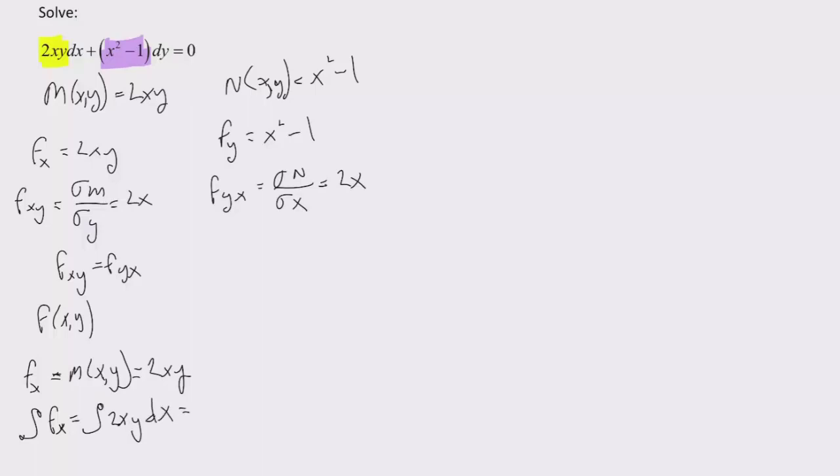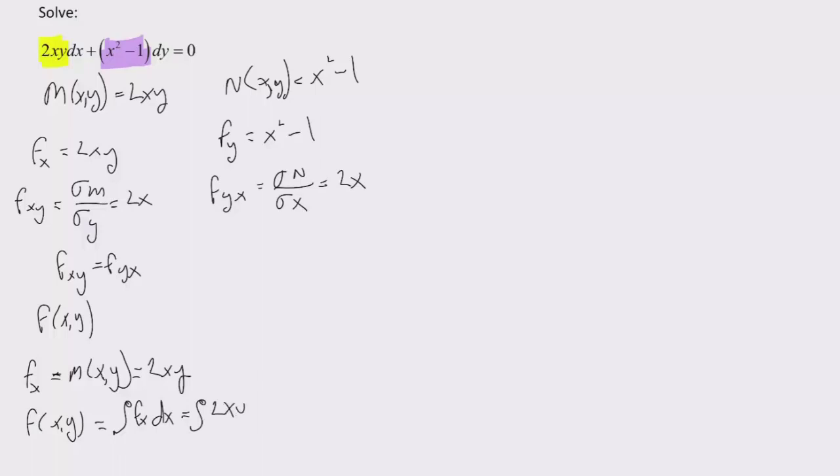So to make sure I'm consistent in my notation here, if I'm trying to find that f function, and if I integrate the partial with respect to x, that should give me a sense what the function generally looks like.